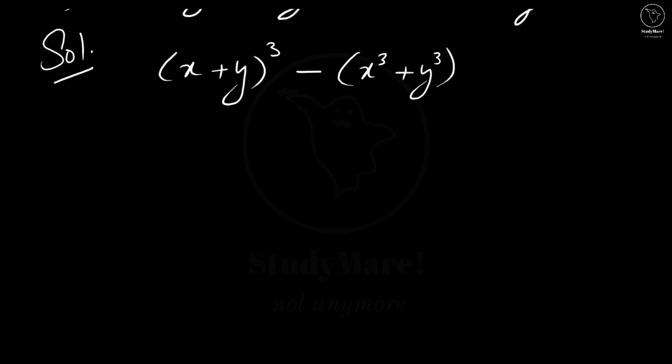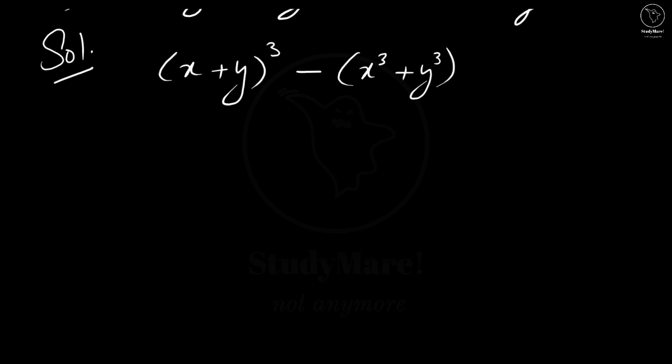If we have to find the correct option, we have to factorize this expression first. When we factorize it, we will get the factors, and then we can check which of them is present in the options and which one is the correct one. So now, how are we going to factorize it?